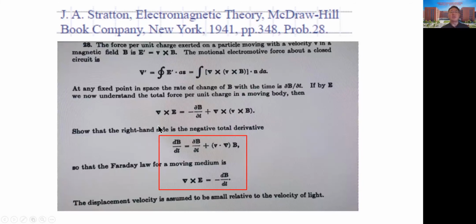Okay, so our approach, the engineering approach, is documented in textbooks. In his 1941 textbook, Stratton put the equation like this, and he derived the Maxwell equation for electromagnetic induction. It does have a velocity term which is the same as ours.